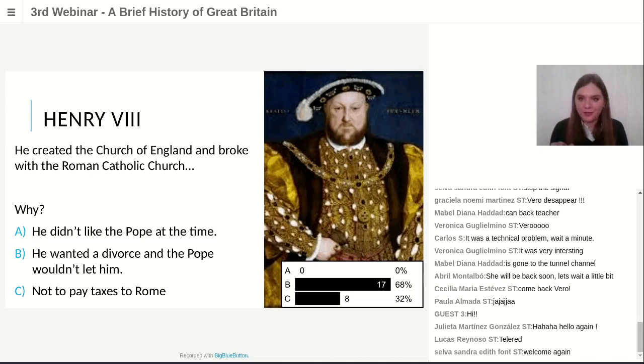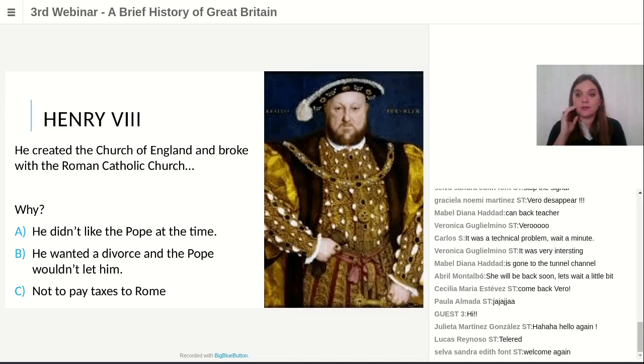Very, very good. That is why he broke with the Church of Rome. We will see this now when we talk about the wives, but basically, King Henry really wanted to get rid of his wife at the time, Queen Catherine of Aragon.